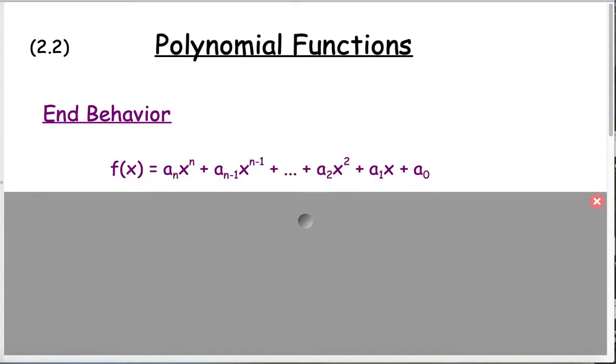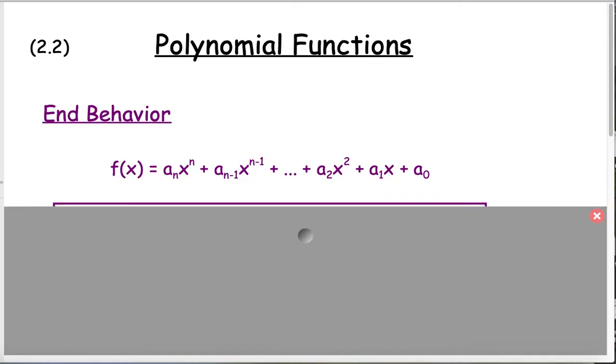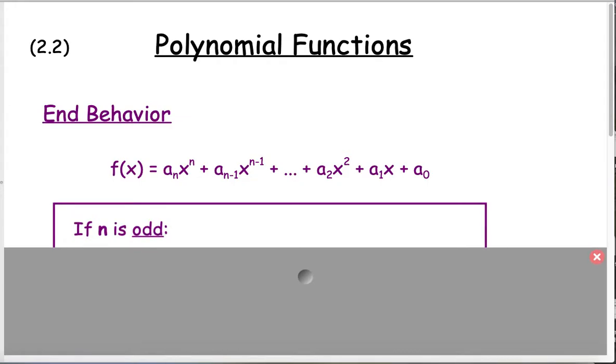So let's say we have a function f of x, and it's defined as a sub n, which is just a number, times x to the nth power, plus a sub n minus 1, another constant, times x to the n minus 1 power, etc., all the way down to a sub 0. What we want to focus on is the power of n, right there.